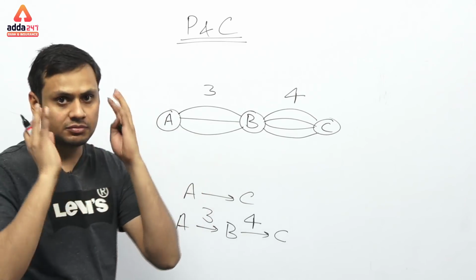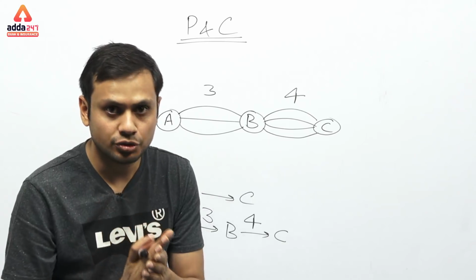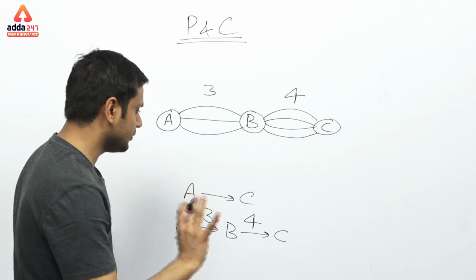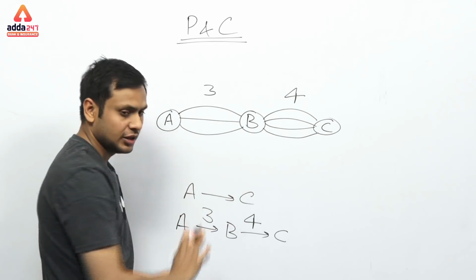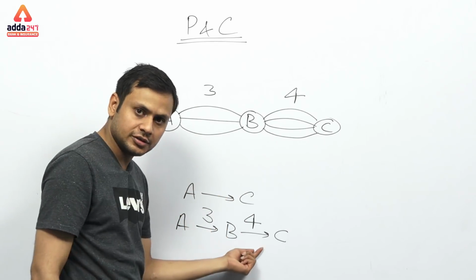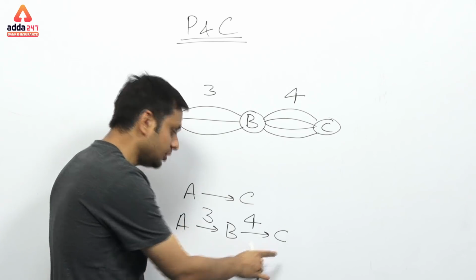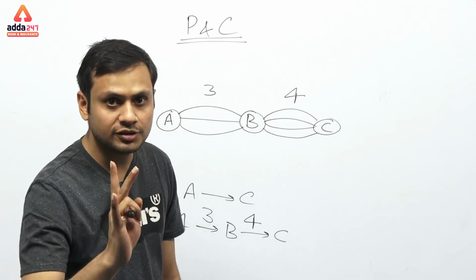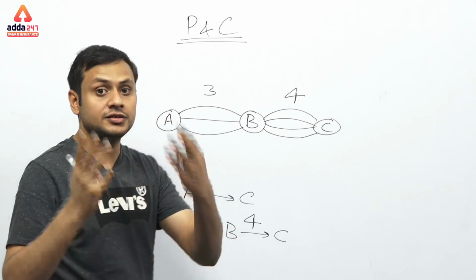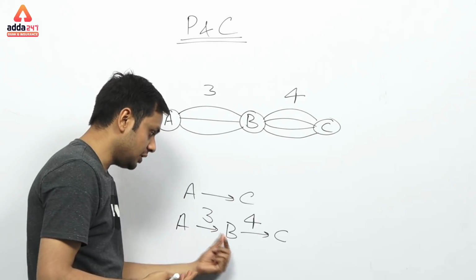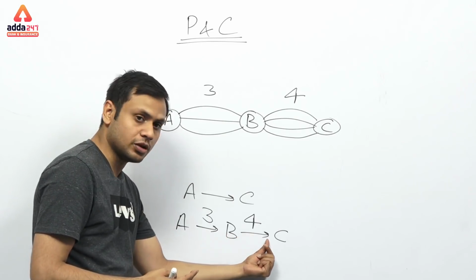Now in how many ways can a person travel from A to C? Guys, again there is this thing, should we add or should we multiply? Let's just think about this thing. Can I say if a person has to travel from A to C, he needs to perform both of these tasks? First of all, he needs to go from A to B, then B to C. So since he needs to perform both of these tasks arranged in a sequence, in a series, one after the other, A to B 3 number of ways, B to C 4 number of ways.